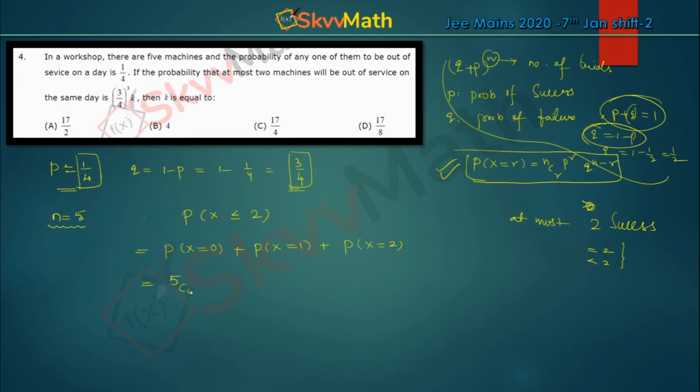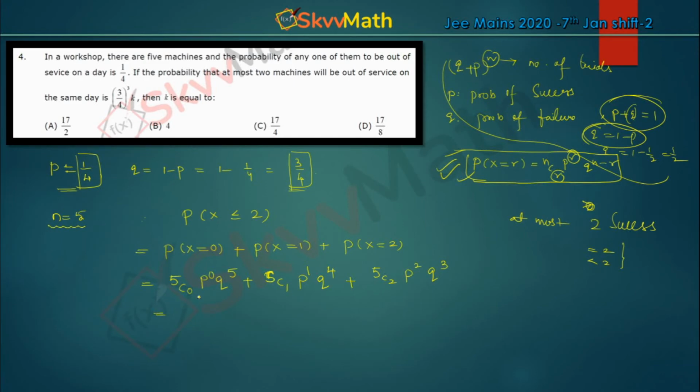So 5C0 p power 0 q power 5, plus 5C1, where we have p power 1 for 1 success and q power 4 for 4 failures, and probability of x equals 2 will become 5C2 p power 2 and q power 3. I used this formula 3 times.